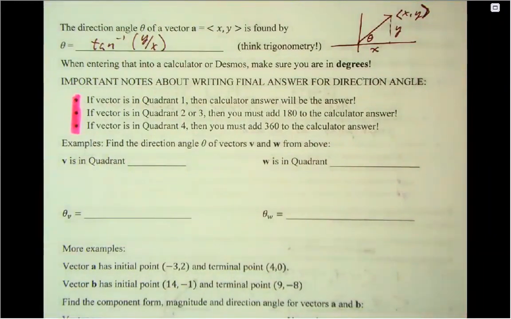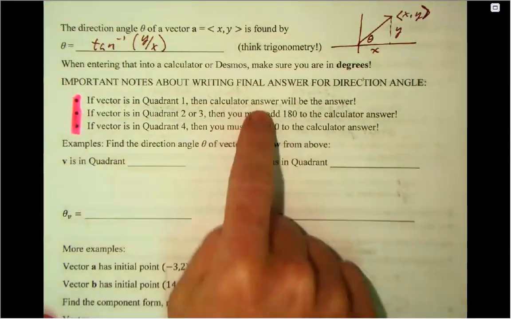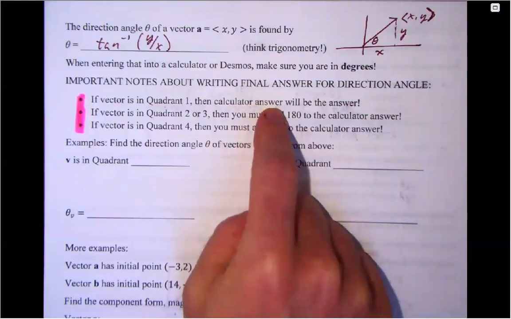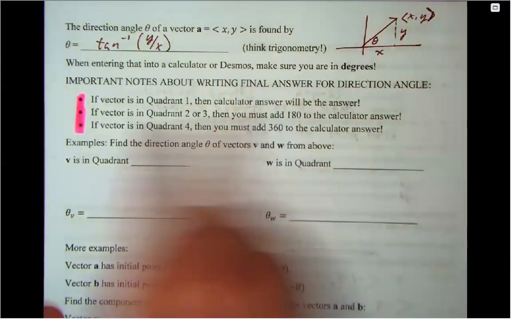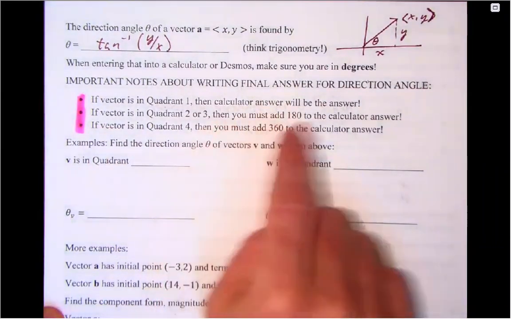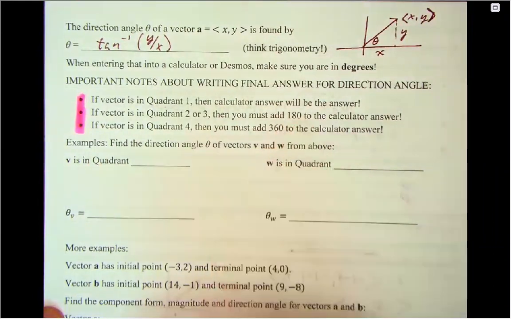Because of the way we calculate inverse trig functions when finding an angle, and because we're dealing with all 4 quadrants, a vector can be in quadrant 1, 2, 3, or 4. If your vector is in quadrant 1, then the calculator answer is the answer. That's fine. If your vector is in either quadrant 2 or quadrant 3, you will have to add 180 to the calculator answer.